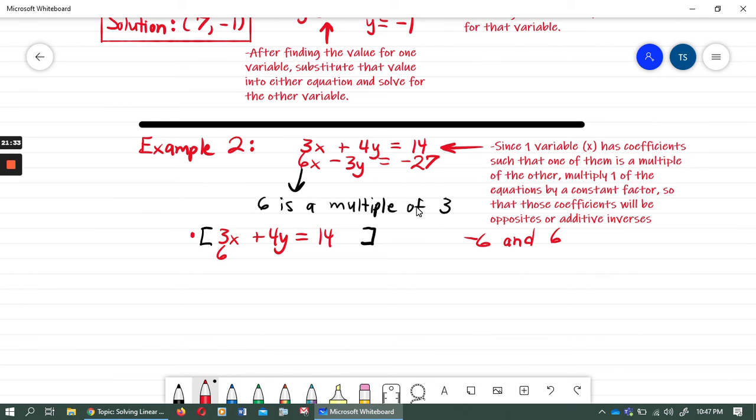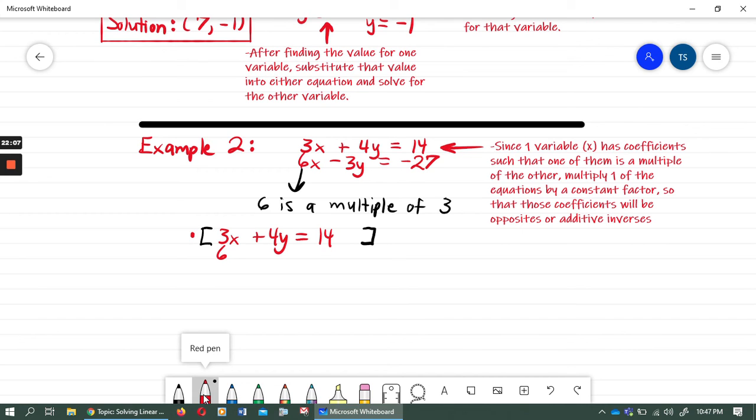When we add these two equations together, one of the variables will cancel out, and they'll only cancel out if those coefficients for that variable are opposites or additive inverses, like 6 and -6. So again, I'm going to erase that real quick. And you should know what number we have to multiply that first equation by to make that coefficient the opposite of +6.